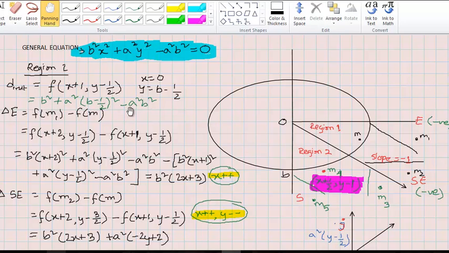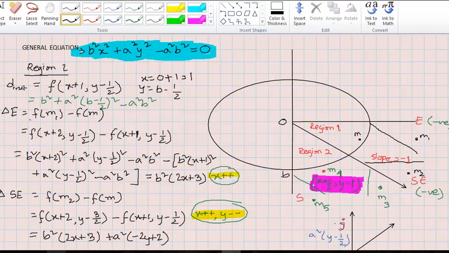So we plug in the values to this equation and we're left with this equation. First we plug in these coordinates, x equals 0, which gives 1 for x plus 1, and y equals b, so b minus half. After that we derive this equation.